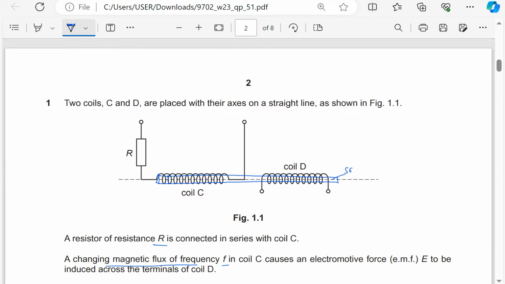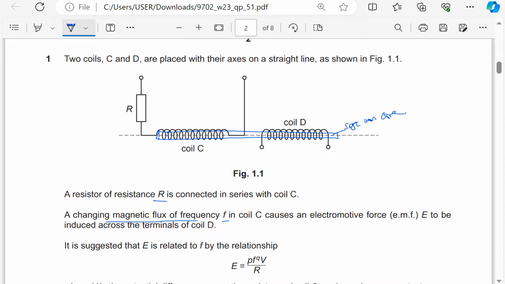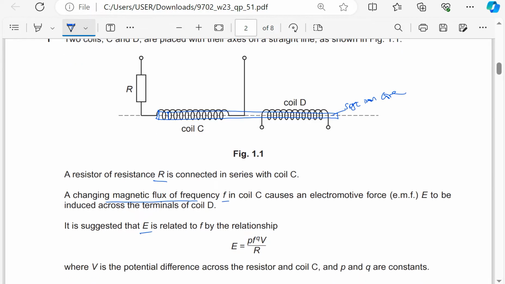So this is going to be the soft iron core. Okay. So I must measure the induced EMF in coil D. So I must put here either an AC voltmeter or a cathode ray oscilloscope.